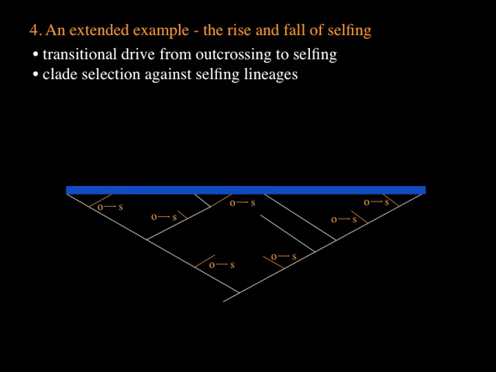And then you have another whole genus of plants that's mostly outcrossers, has one or two selfers in it, and so on and so forth. And that's really what suggested this dynamic to begin with. It's far from proven. It's difficult to prove these things. But I think that this is a very likely case of clade selection and transitional drive.